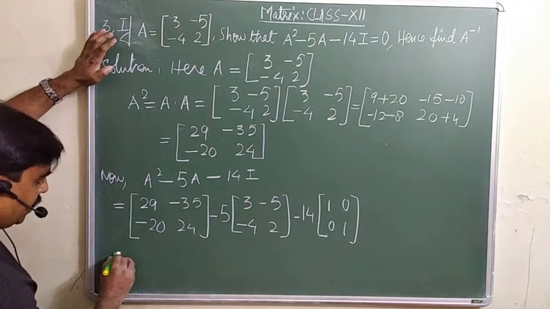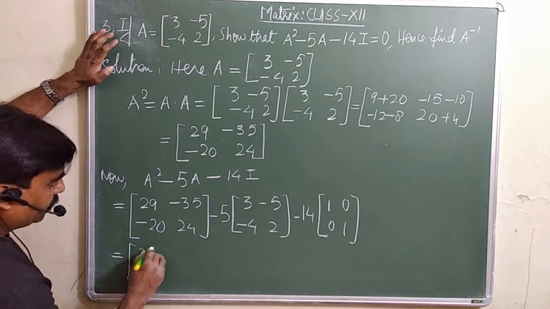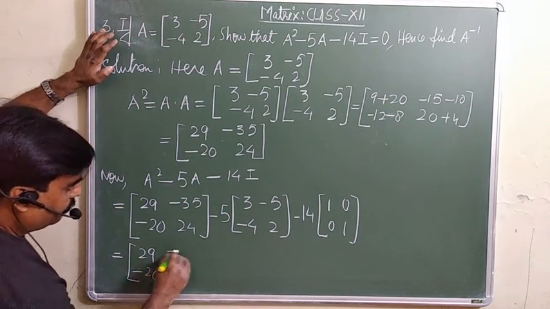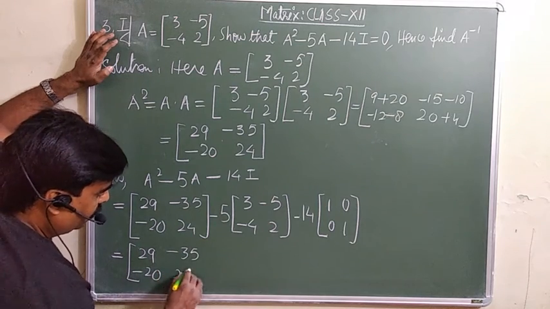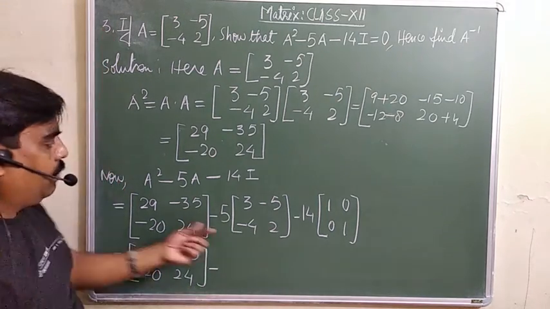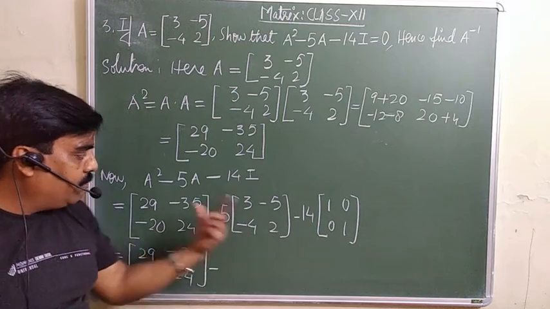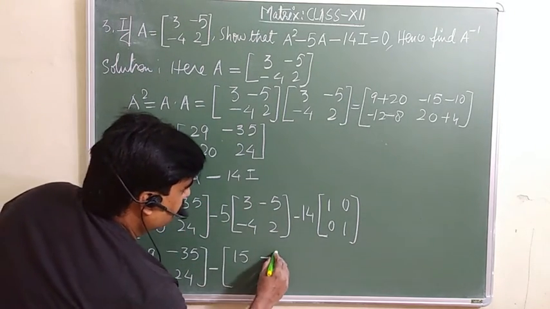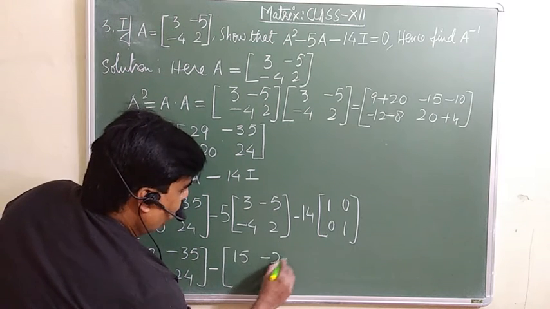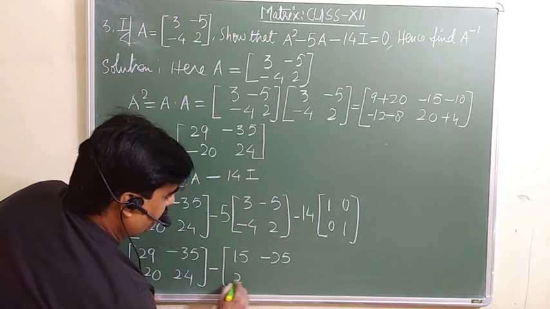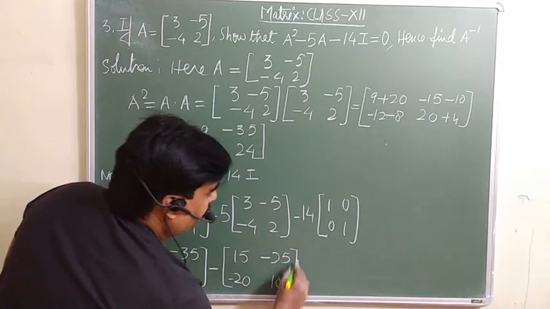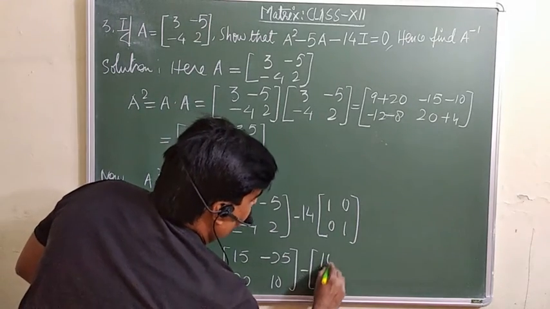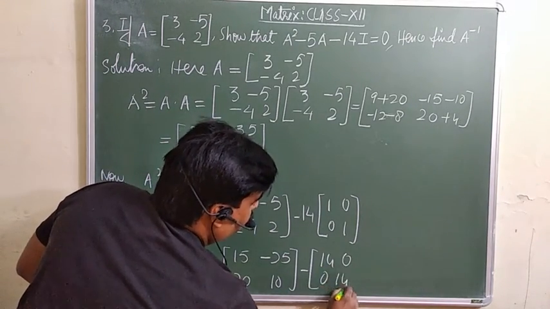So this can be written as [29 -35; -20 24] minus 5 multiplied by every element of this matrix. So 5 times 3 is 15, minus 25, minus 20 and 10. Here is minus 14, 0, 0, 14.